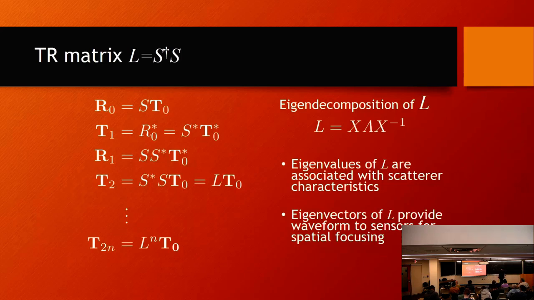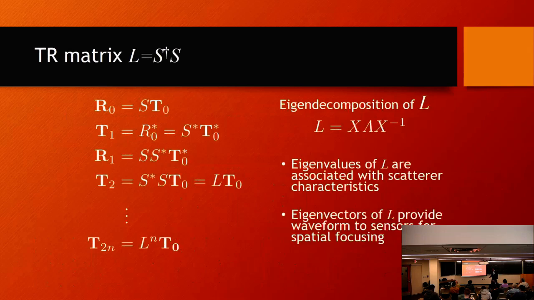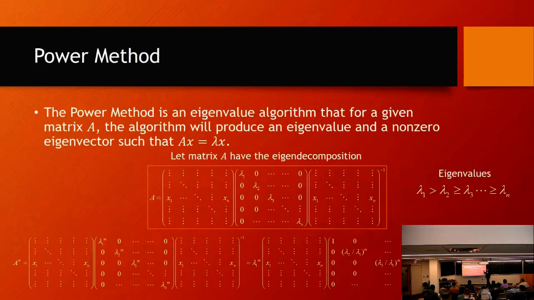And it has a lot of nice properties. So if you were to take L and break it down into its eigendecomposition, you'll find out that they have very, very nice properties. The eigenvectors are orthogonal.